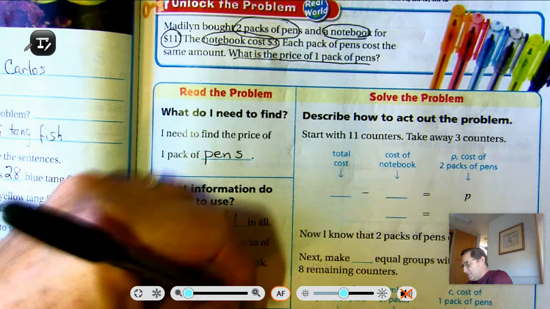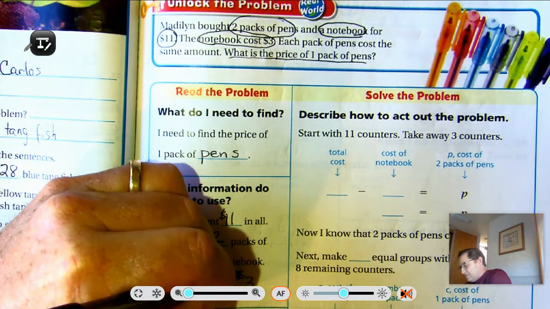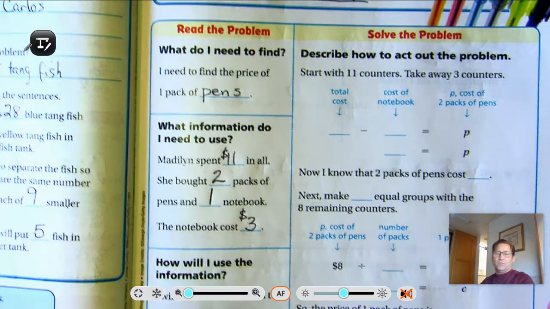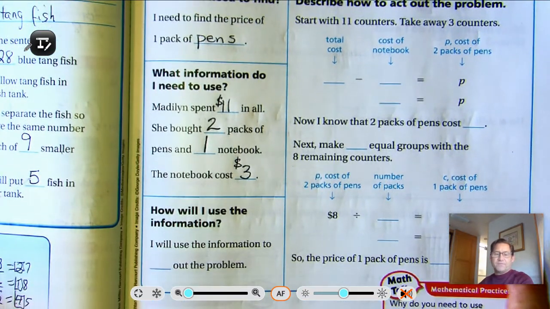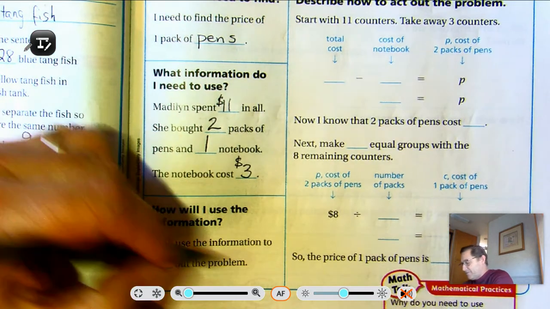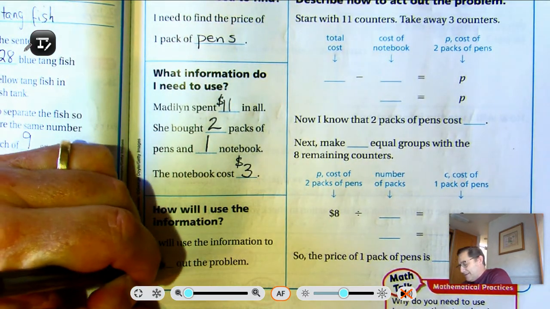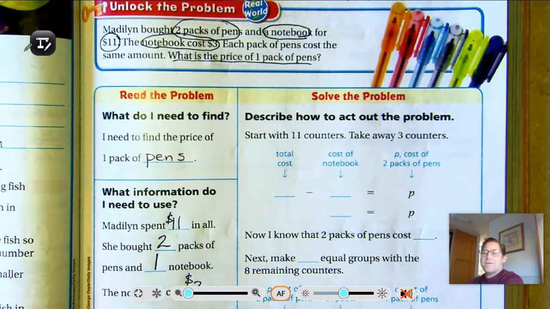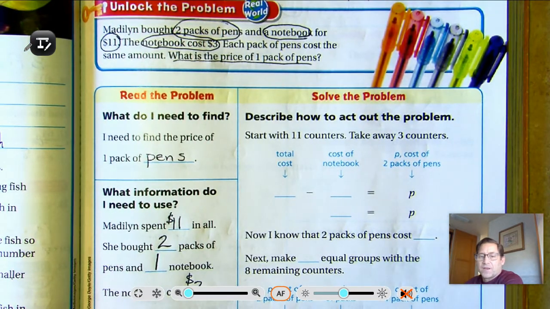They also told us the notebook costs $3. All right, so how will I use the information? Well, this lesson is to use the information to act out the problem. Okay? And so describe how to act out the problem. Start with the 11 counters and take away 3 counters.